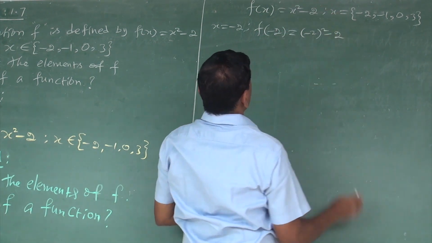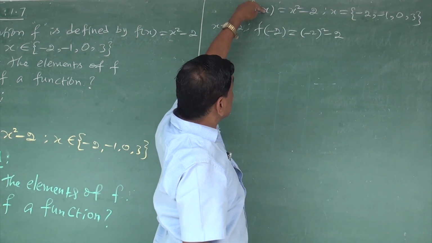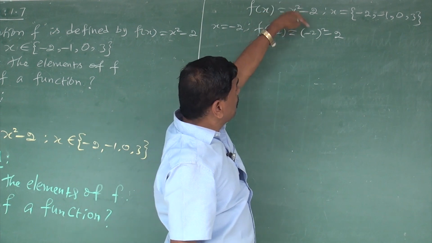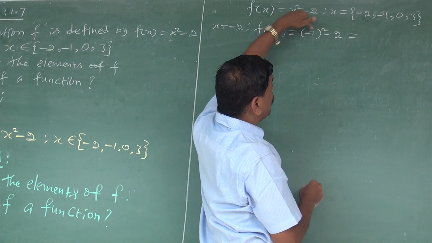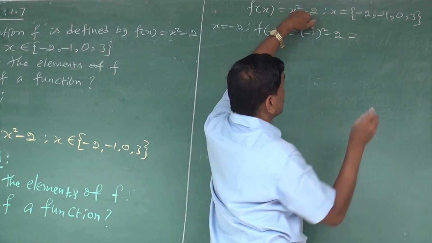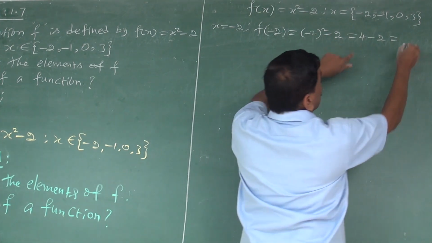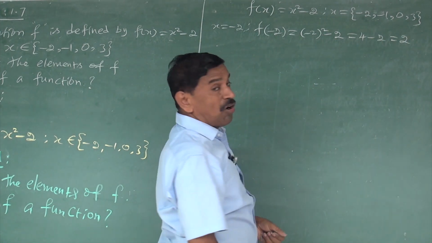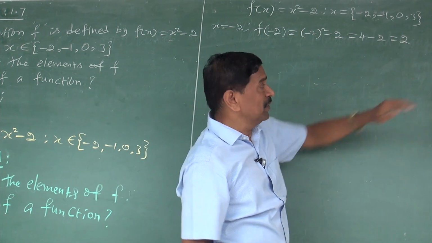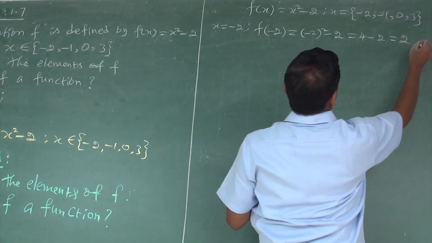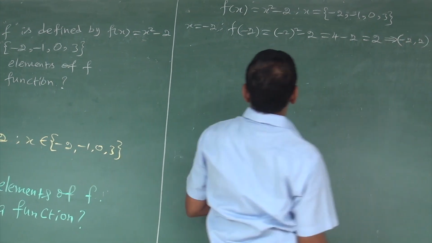Negative the whole square gives positive, so 4 minus 2 equal to 2. What is the ordered pair? Minus 2 comma 2 is the ordered pair.